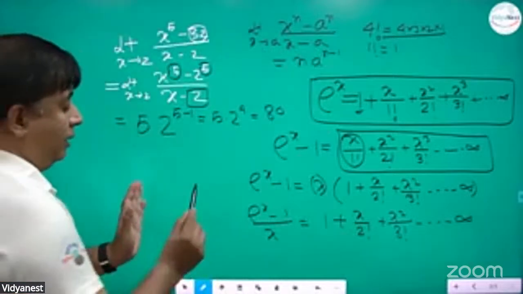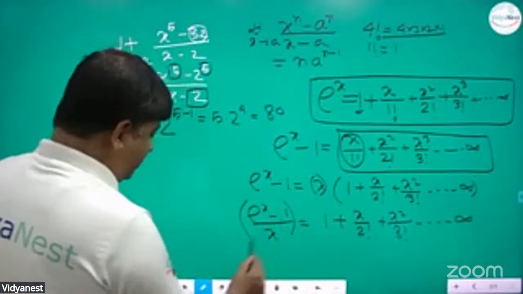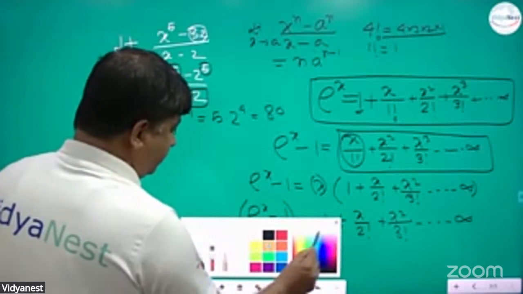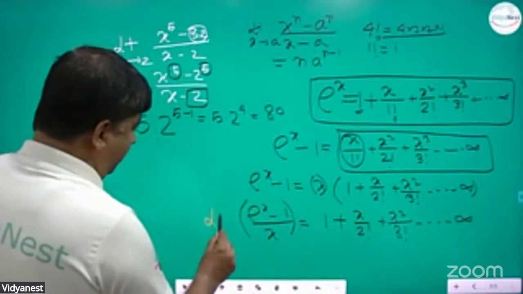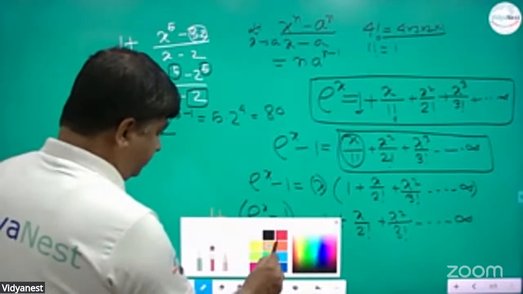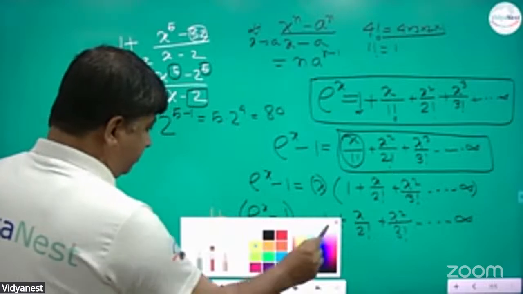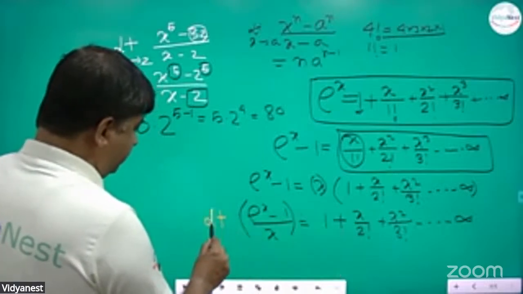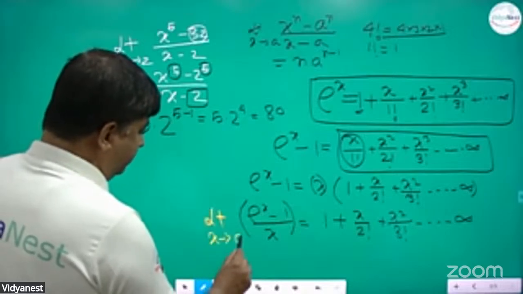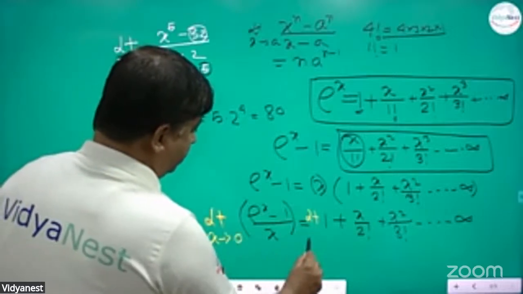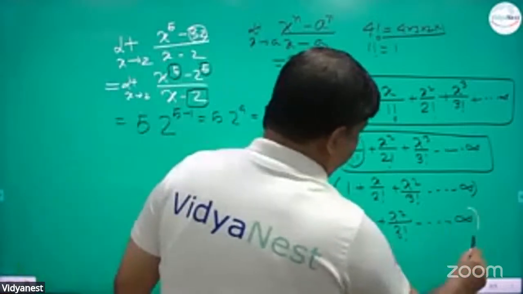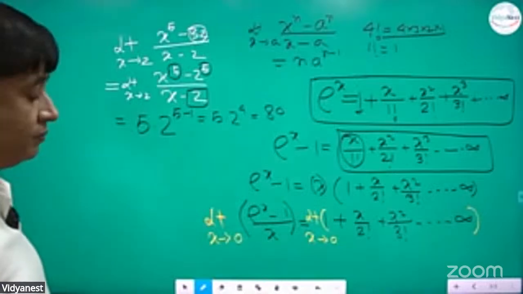Now, you introduce limit x tends to 0 to both sides.